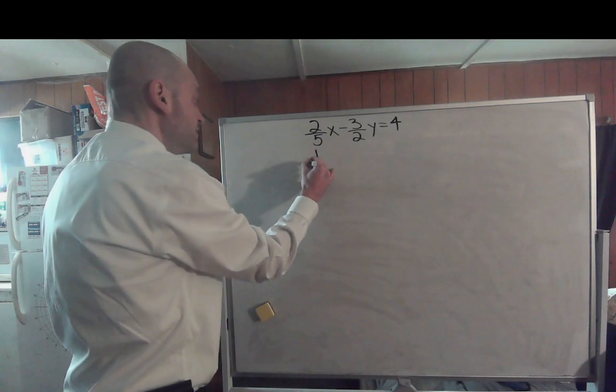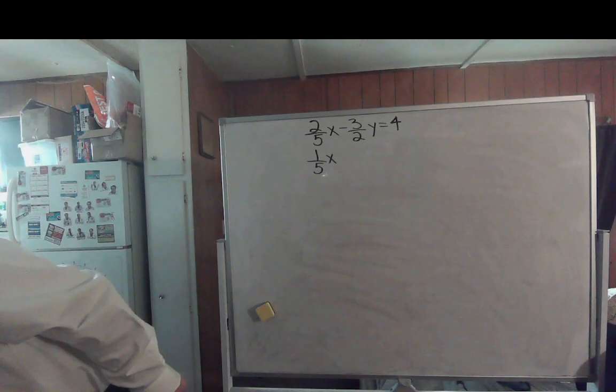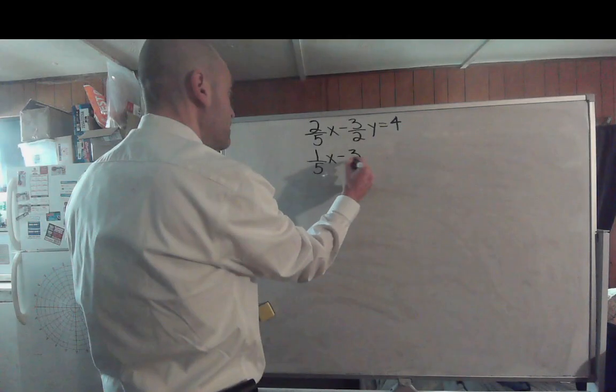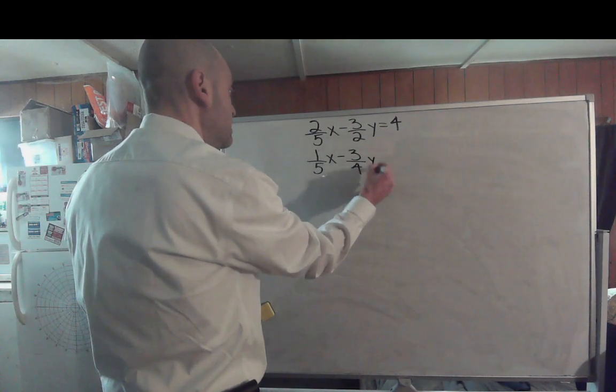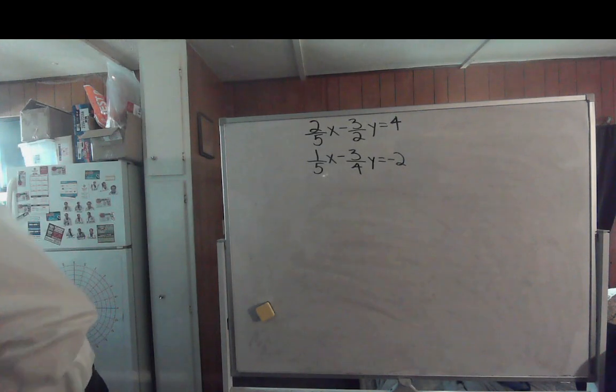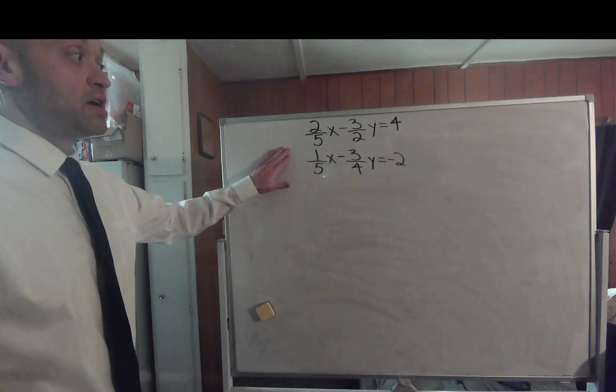Then we have 1/5 x minus 3/4 y is equal to -2. All right, so we got fractions here.